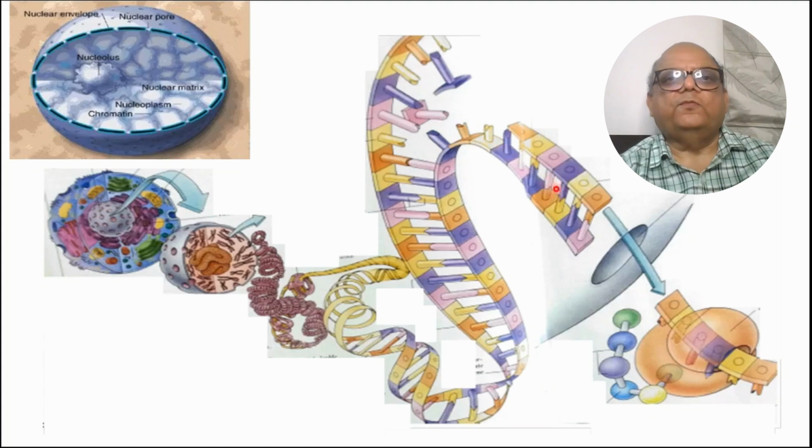Okay. So here you can see that normally the cell as well as the nucleus has been treated like a jelly filled body organelle. But then you see, it's not anything like jelly filled.